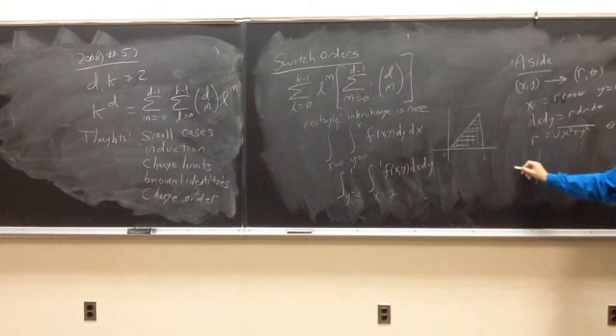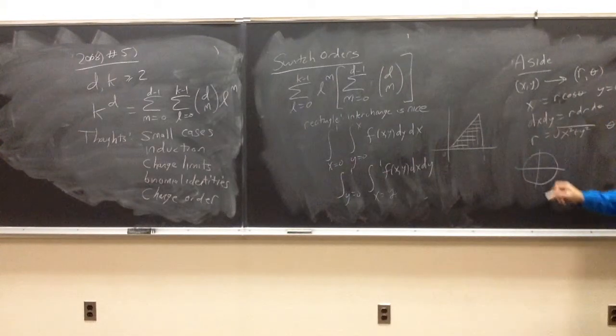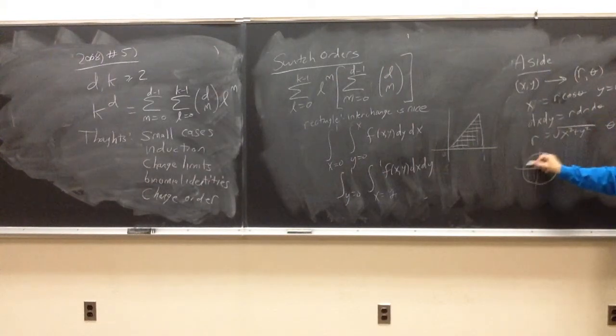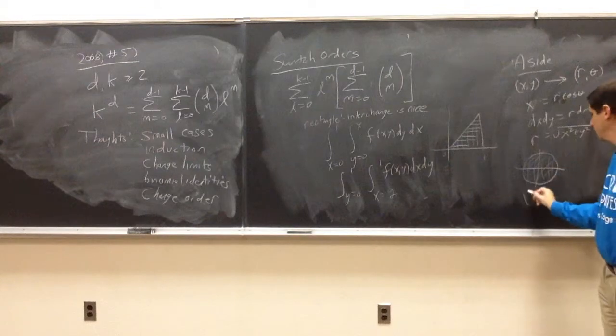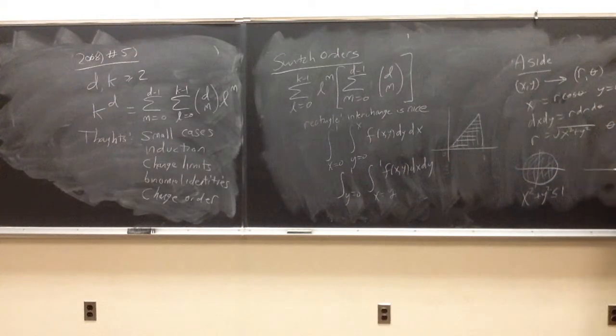In Cartesian coordinates, if I was a really good artist, what would I have just drawn? Circle. So it would have been x squared plus y squared less than or equal to 1. And here's my x, here's my y. Here's my r, here's my, well, actually, I think they put theta down here. Not positive. What does a circle look like in polar coordinates?